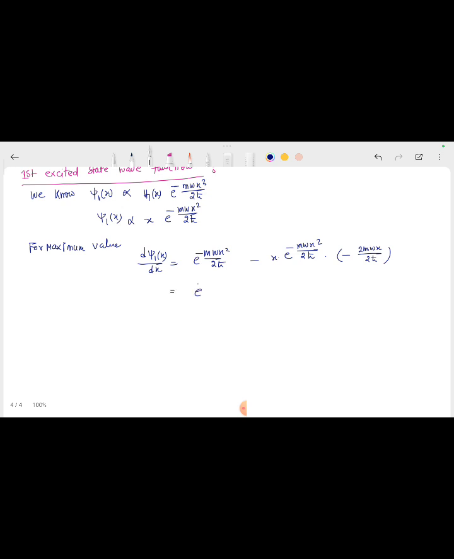So what we get: e to the power minus m omega x square upon 2h cut, we take common 1 minus, no, it's not minus, it's plus, right? It's plus, so it is definitely minus x square m omega upon h cut.